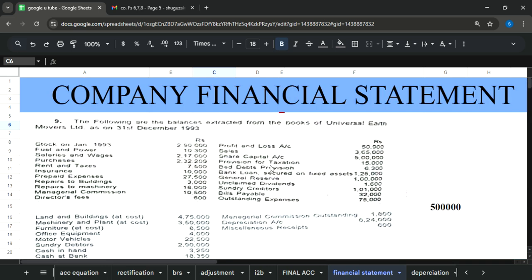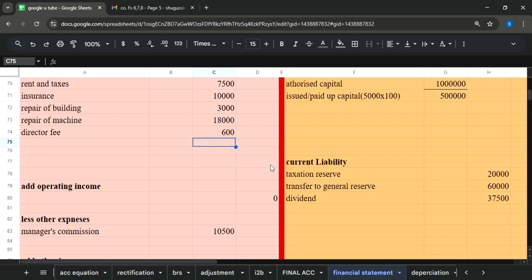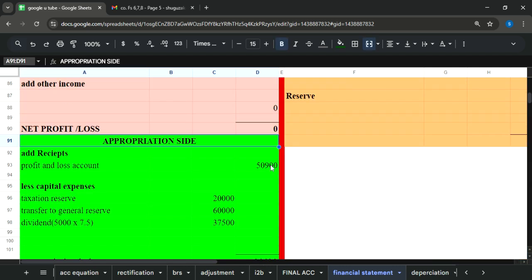Provision for taxation. Look, note it down, it is not present in adjustment. So provision, provide, reserve or allowance, all are parts of liability side. So let's go to liability, and here reserves are present. And here you will be mentioning provision for taxation.